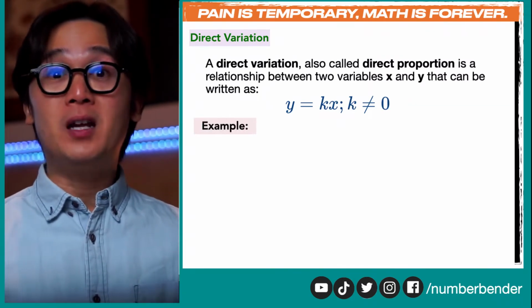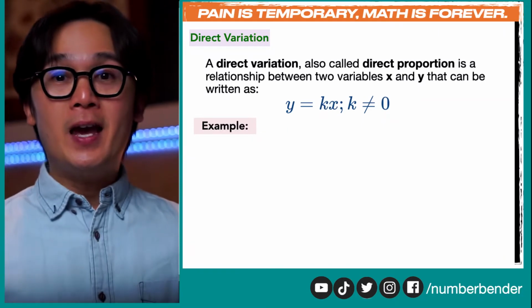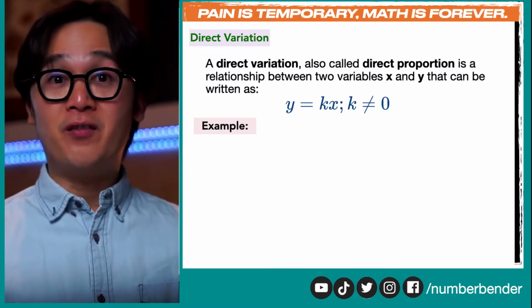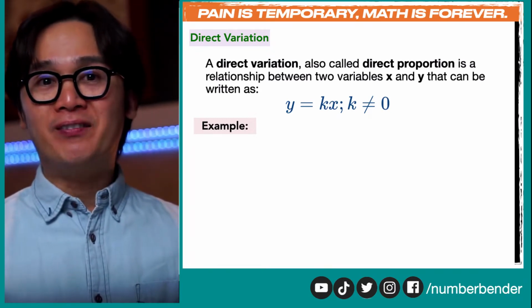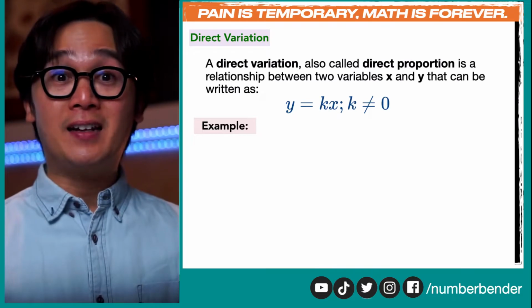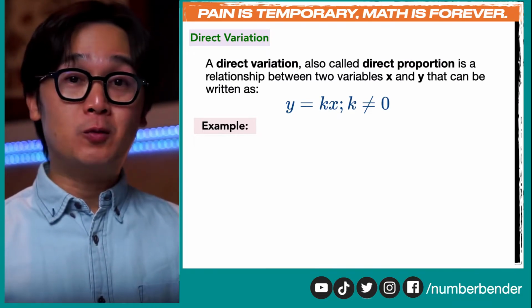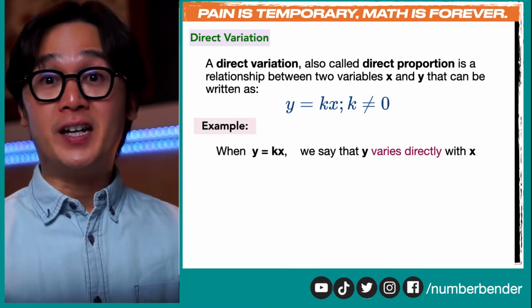So this is the formula that we're going to be using for the problem today. y = kx, where y and x are the variables for our input and output, and the unique numerical value that will dictate how much our output will increase or decrease will be our value of k, or the constant of variation.